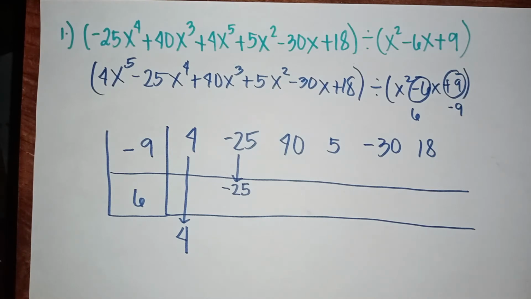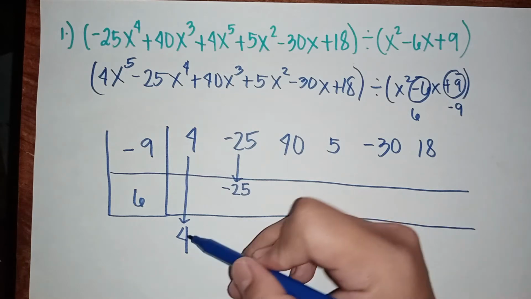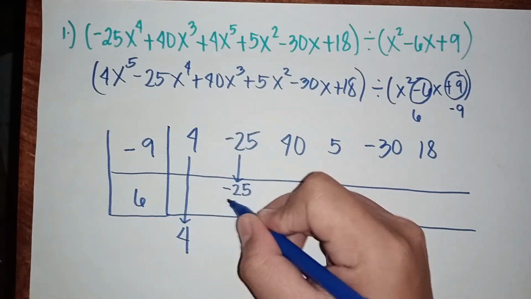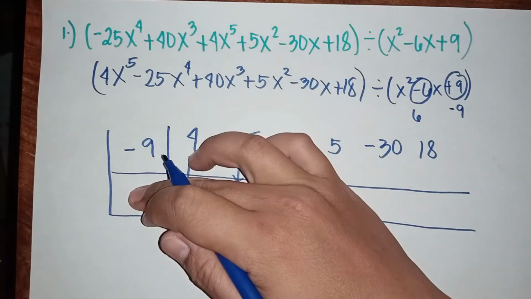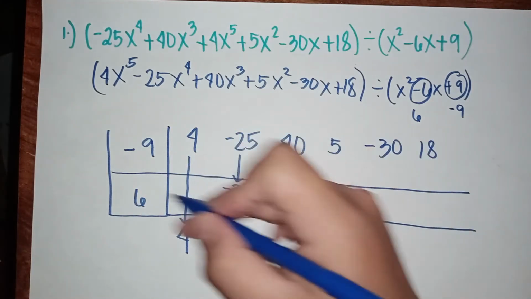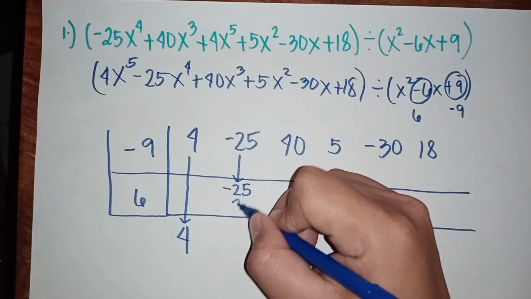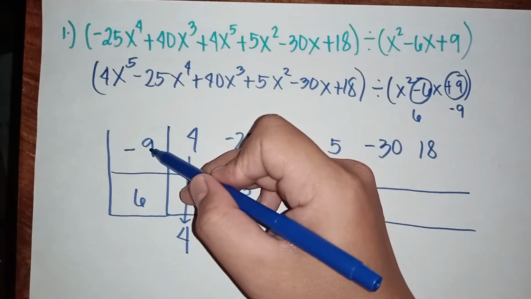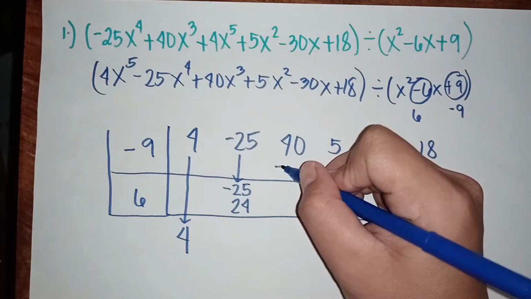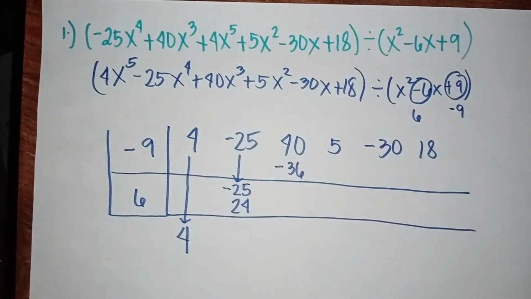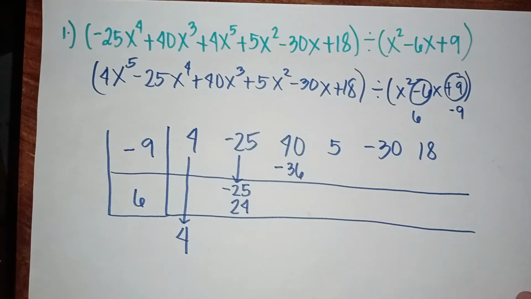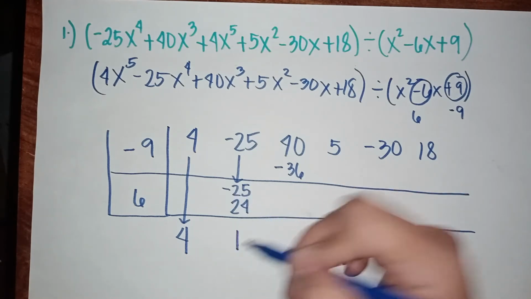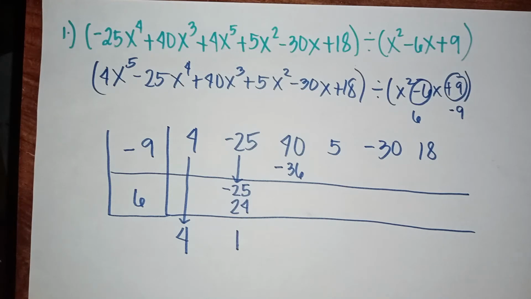Next, ang gagawin nyo mga boss is we are going to multiply 4 times 6. So that is 24. Yung 6 nasa second row, dito din natin ilagay yung 24. Next, 4 times negative 9, this is negative 36, dito natin ilagay sa row 1. Next, add natin negative 25 plus 24, that is negative 1.